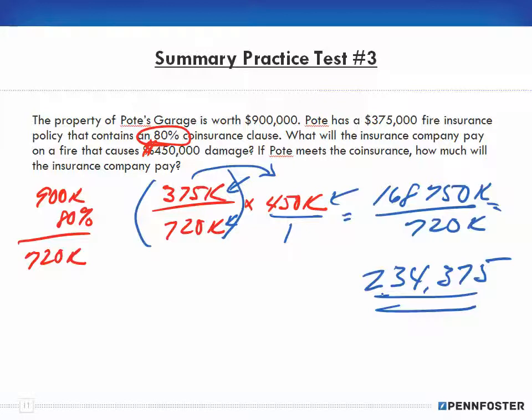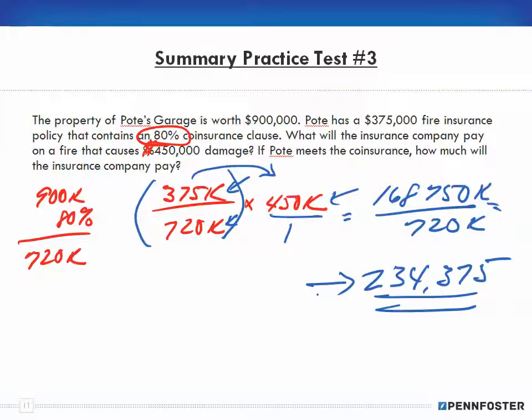The question is asking, what will the insurance company pay on a fire that causes $450,000 in damage? So they'll end up paying this $234,375. It says if Pote meets the coinsurance, how much will the insurance company pay?